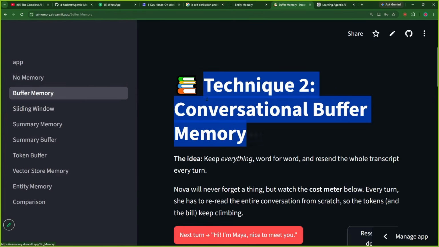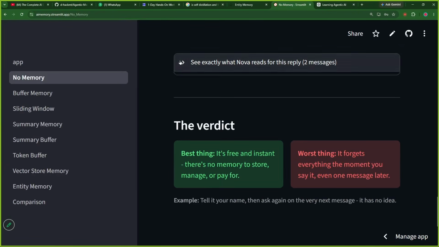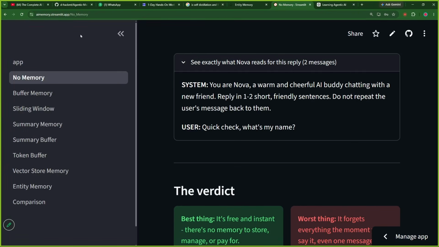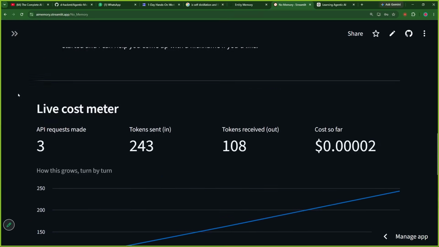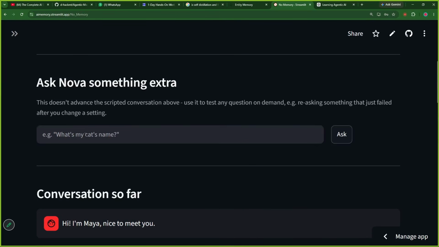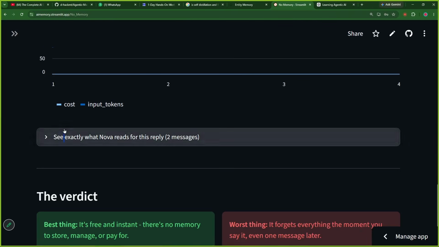One more thing to show you: what exactly it reads every time a new query comes. See, there is only one system message and only one user message. Every time we give a new query, even if I give something like hi right now, this hi will be treated separately. Check this out.